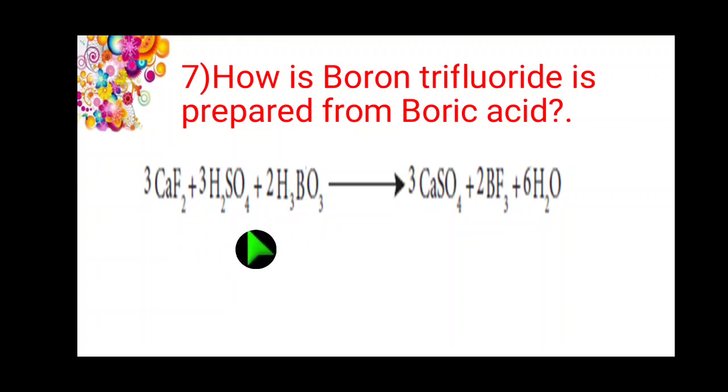Finally oxygen: 4 into 3, 12 oxygen, plus 2 into 3, 6, 18 oxygen. Right side: 3 into 4, 12, plus 6, 18 oxygen. So this is a balanced equation.